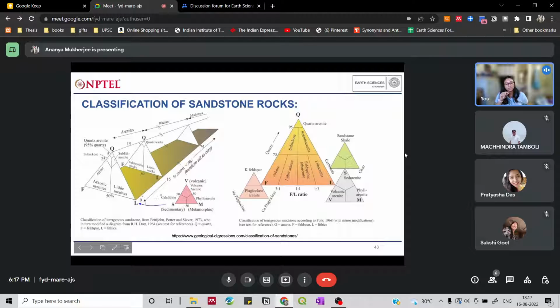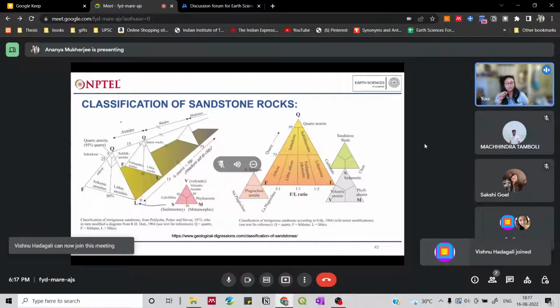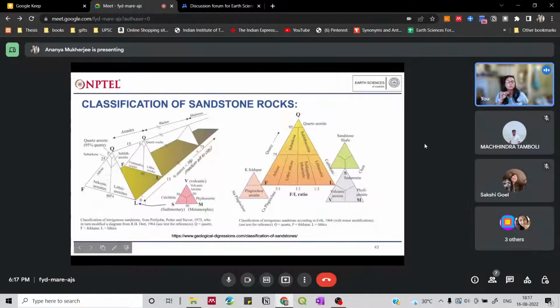In the same way with the amount of matrix, the finer grained material, silt to clay sized material: if you have a very low amount of it, the rock will stay homogeneous. But as the matrix amount increases, it will move towards being a heterogeneous rock. That is why classification of sandstones is essential.